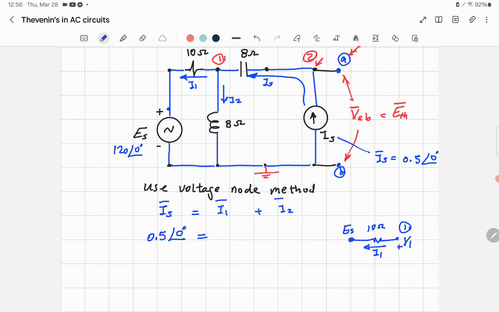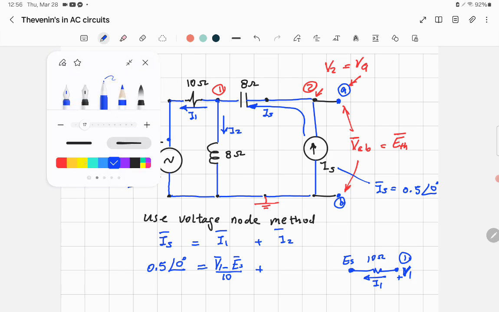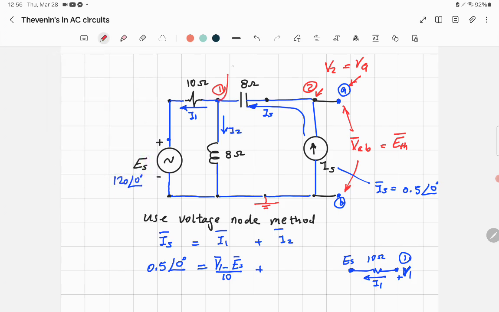So I1 will be equal to V1 minus ES, all phasors, divided by 10 ohm, plus I2. I2, just focus, that's I2 here, going in this direction. The voltage of this point is V1. Let me remind you, when you write node 1, it means that the voltage at this node is V1.